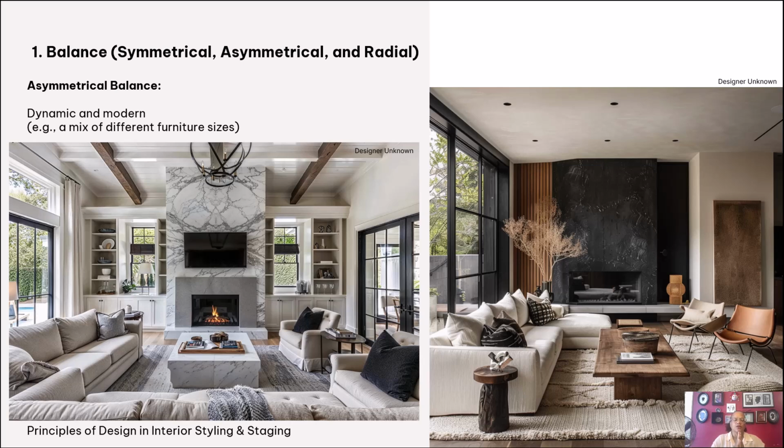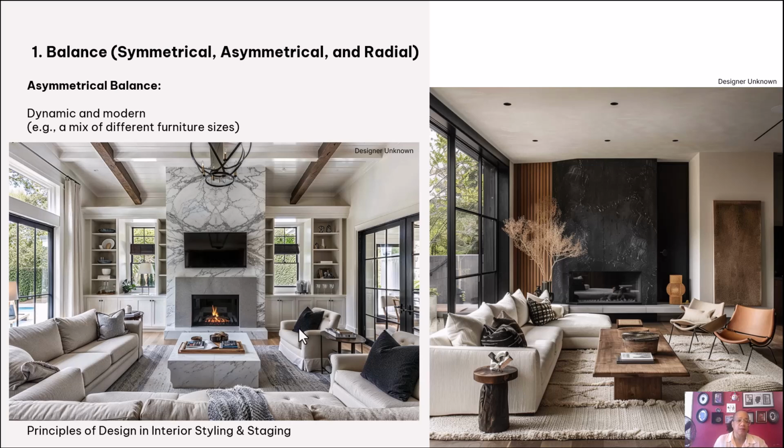So they still want to be balanced, meaning that the weight is somewhat the same, so that one half of the room doesn't look more full than the other half, but they're doing that in a different way. So when I look at this image, I have my fireplace. I'm drawing a line right down the center. There's a full sofa here, and there's two chairs here.